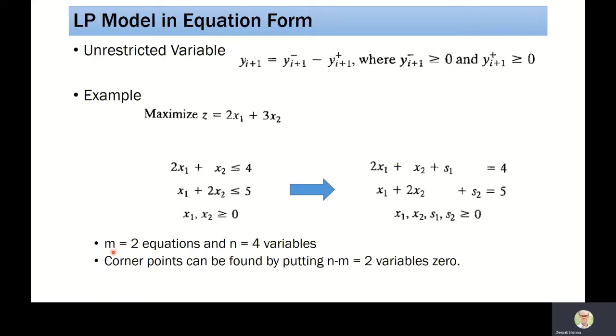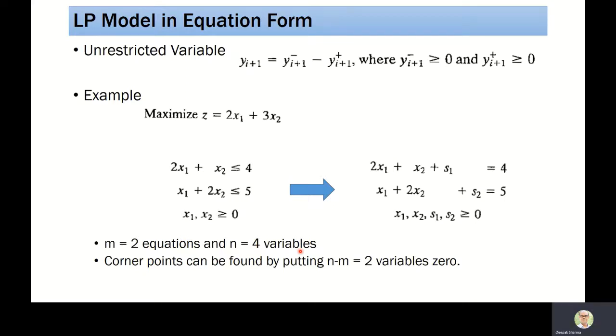So if we are going to write in terms of variables, m always represents the number of equations. So m equals 2 equations, and small n always represents the number of variables. So in the current example, we have 4 variables.